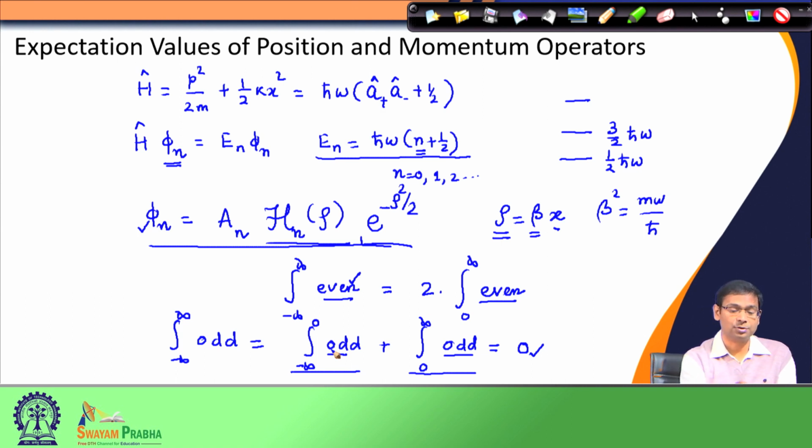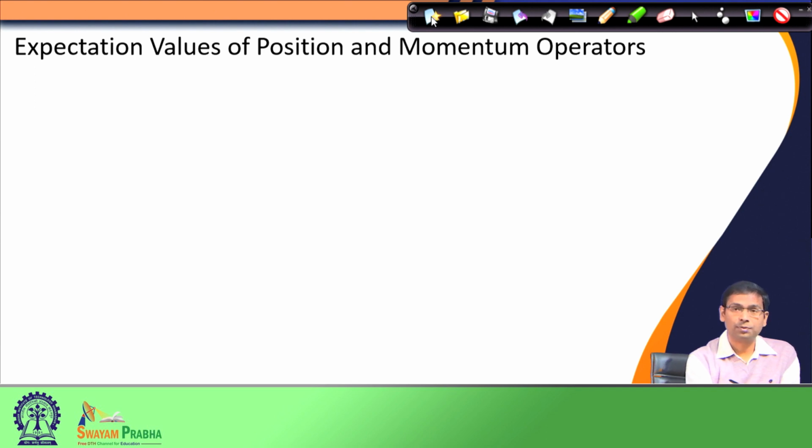In particular, we are going to discuss now what are the expectation values of position operator and momentum operator. To remind you, when we want to discuss the position operator, we simply write the expectation value of the position operator like this. What does this mean? This means if the system exists in one of these eigenfunctions of harmonic oscillator, I have to evaluate this integral.